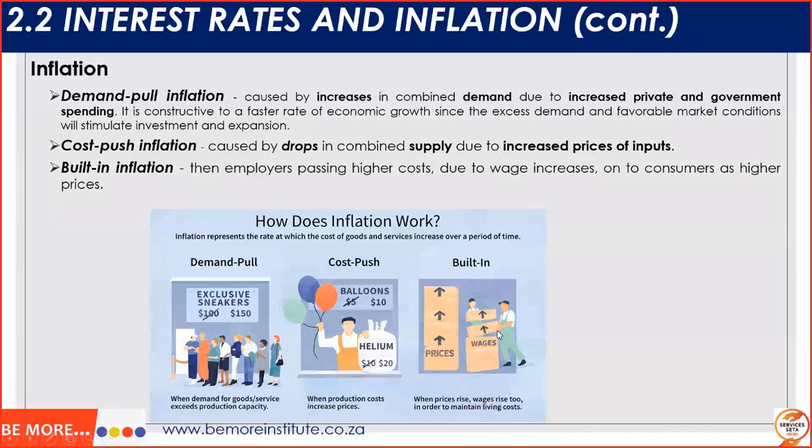It is then put as an input cost into whatever product is eventually produced by this particular company, and it is passed on to the consumer. So that is called built-in inflation.